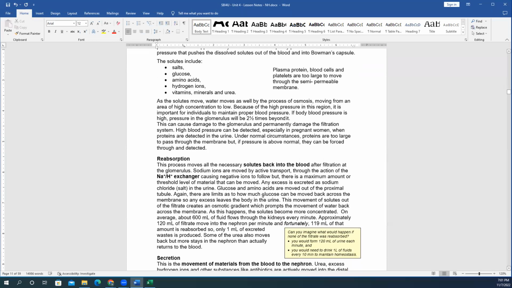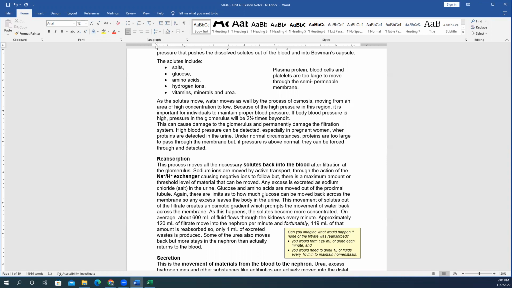Again, keeping in mind that there are limits as to how much glucose and amino acids can be moved back across the membrane, if there is any excess, it doesn't get reabsorbed, it leaves the body in the urine. This movement of solutes out of the filtrate creates an osmotic gradient, a change in the amount of water in the form of a gradient from high to low, which then prompts the movement of water to come back across the membrane.